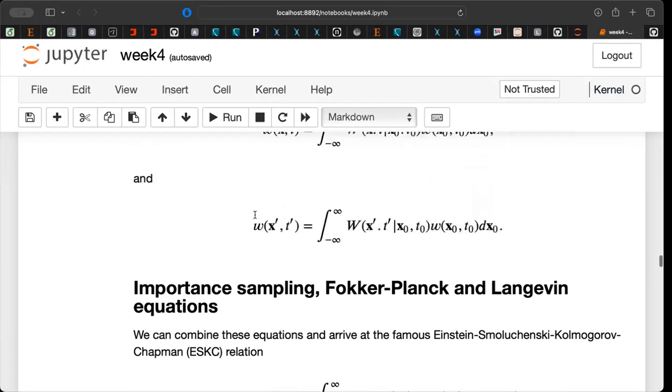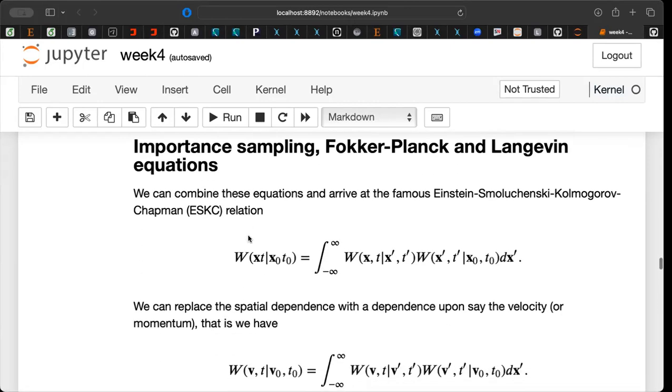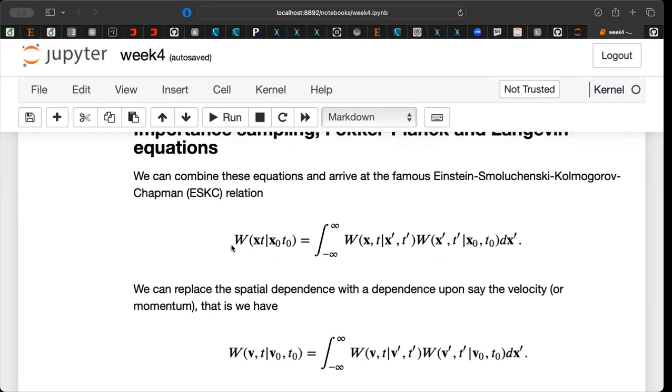You can combine these equations using the normalization constant, and you can then relate this transition probability to the transition probability at the previous time, t0. So you can develop this transition probability in terms of an intermediate probability.